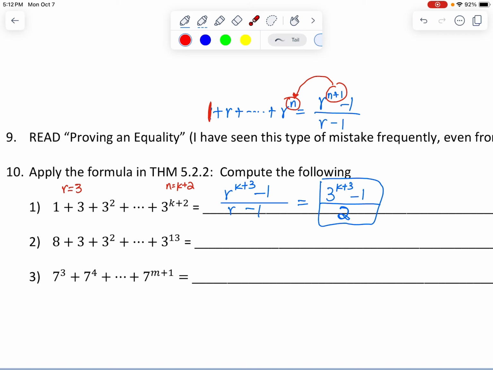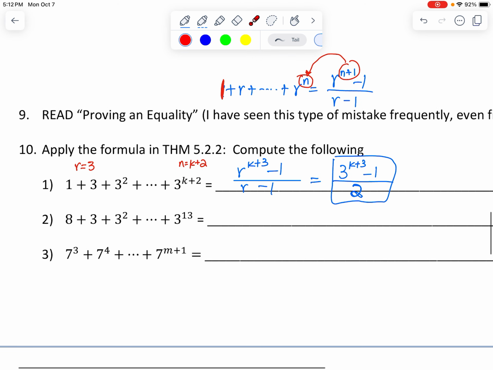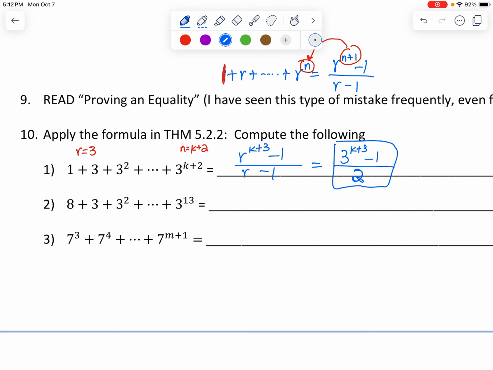Now, if you look at the second one, okay, again, there are multiple ways to do that. I'm going to show you just one way, but I'll also talk through the second way. So the first way is you can think of this formula wants you to start with 1. There's no 1. How about you create a 1, right?